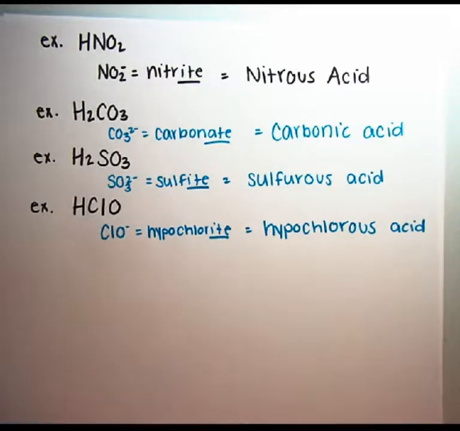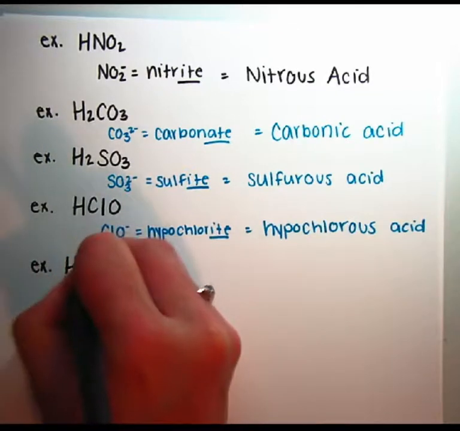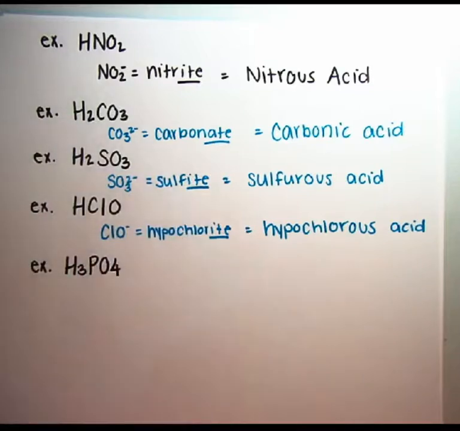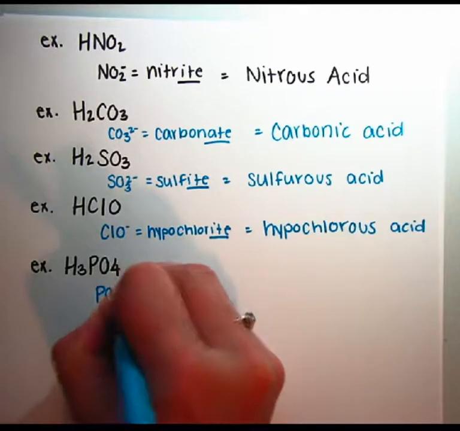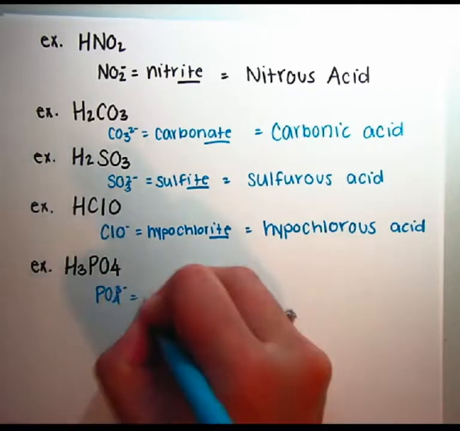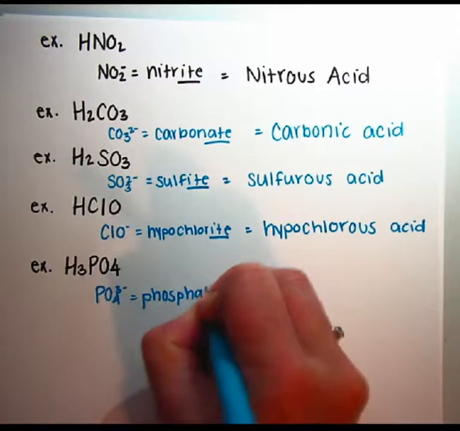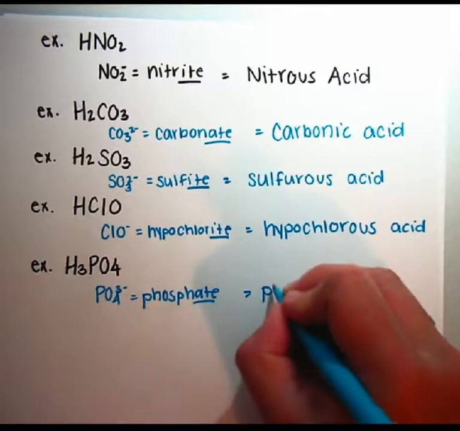Let's do one more with phosphorus so you guys can see how that works. Let's say I had H3PO4. PO4 is phosphate. So I write the root word.